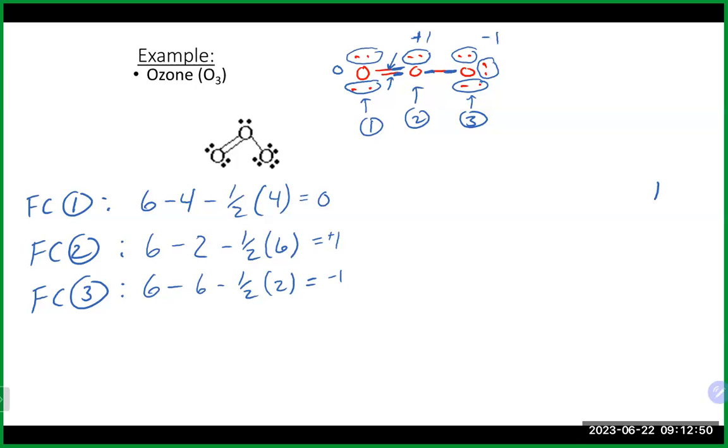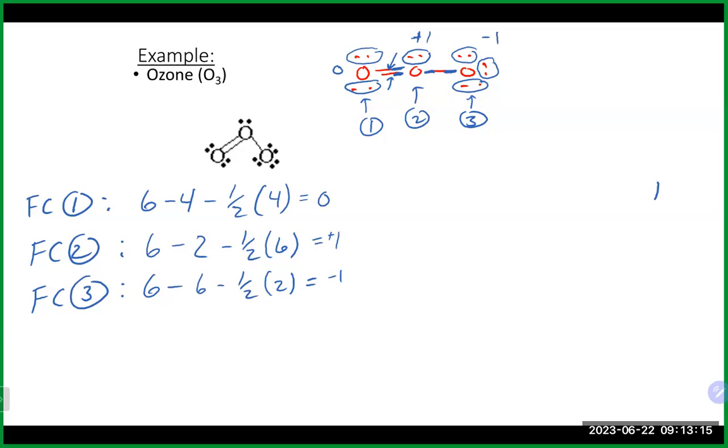And in this particular situation with ozone, even though they are all oxygen, because of the way they are sharing electrons in this arrangement, they do take on different charges. The oxygen at the end takes on a 0 charge. The oxygen in the middle takes on a +1 charge because of the way it's sharing electrons.